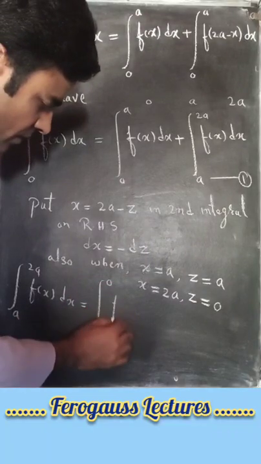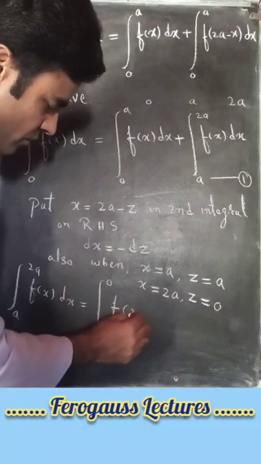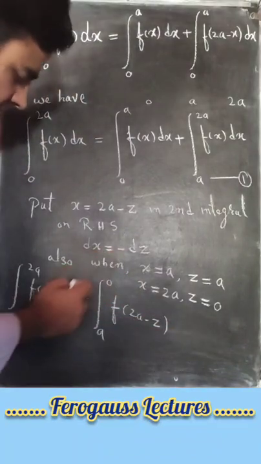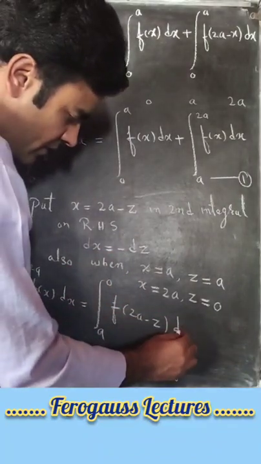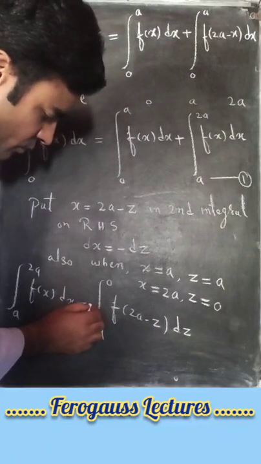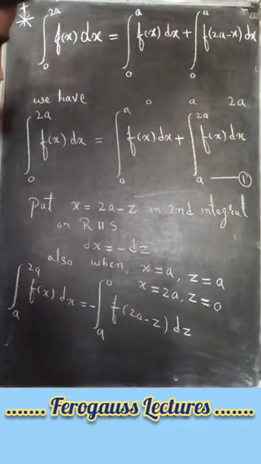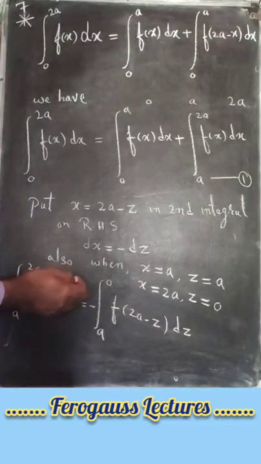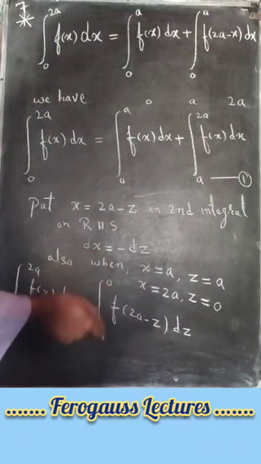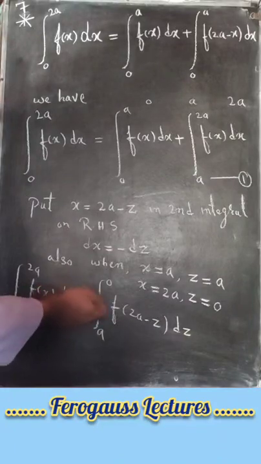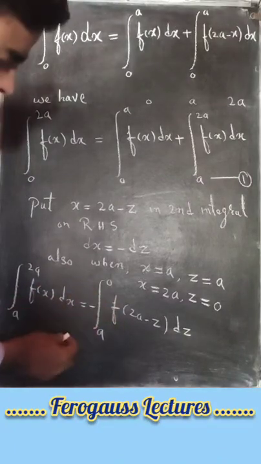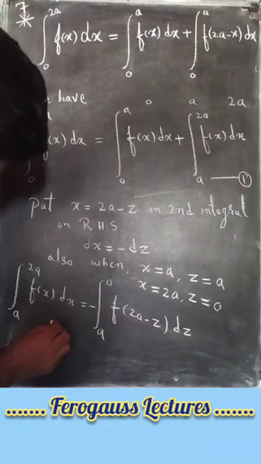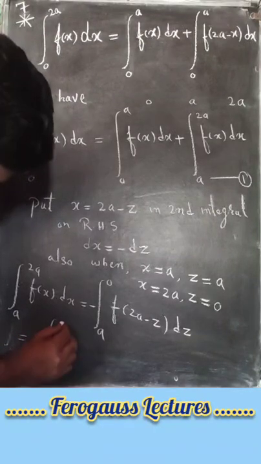Then f of, instead of x we have 2a minus z, and instead of dx we have minus dz, so we write dz here and we put minus sign here. Now on interchanging the limits, the sign of the integral gets changed, so we can write it as integral 0 to a.